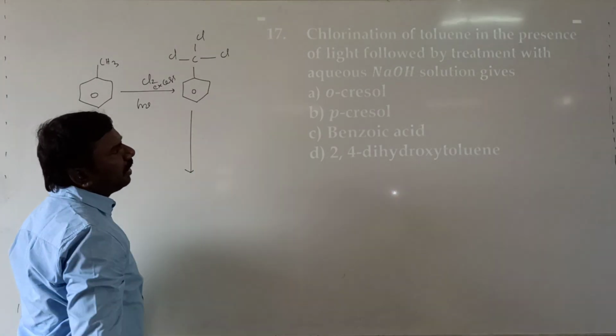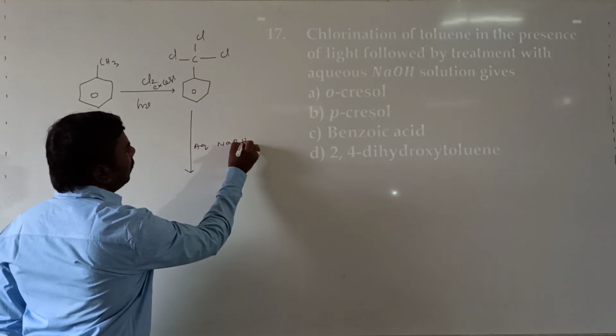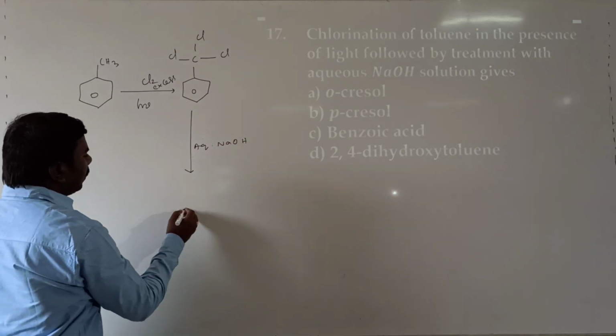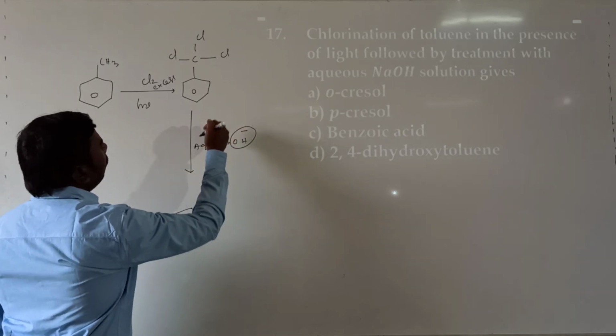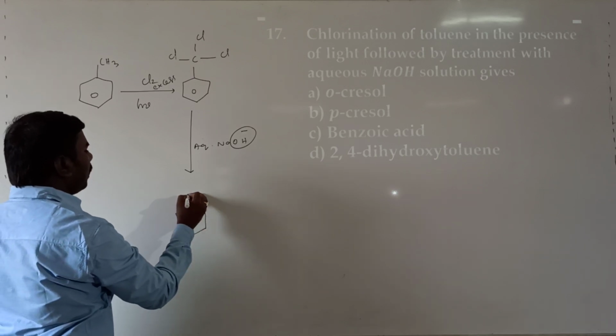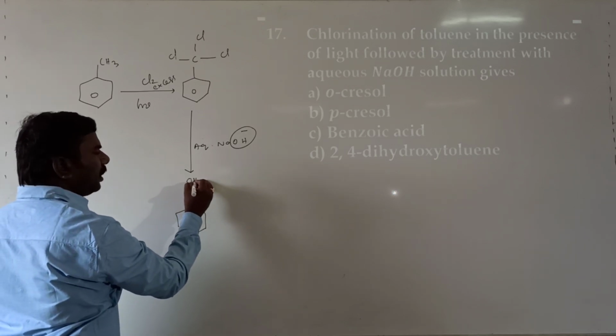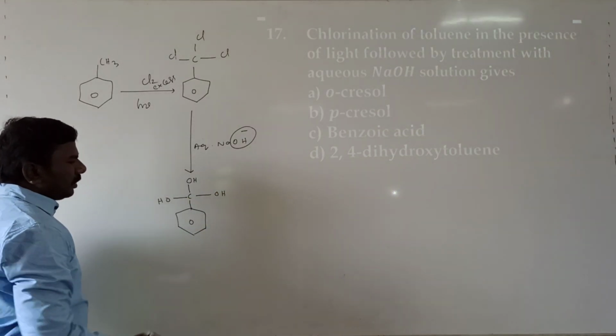This on treatment with aqueous NaOH, which is also in excess. In this, OH- ions are nucleophiles, and the chlorines are replaced by OH- ions. That gives C(OH)3.